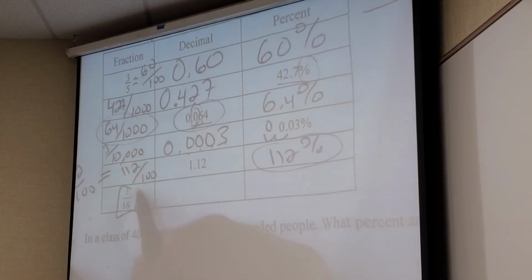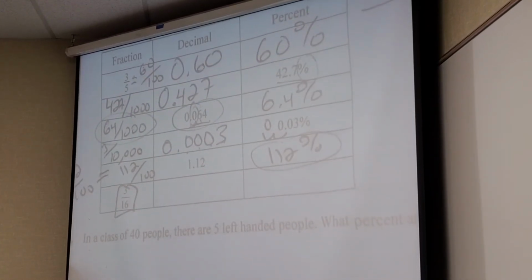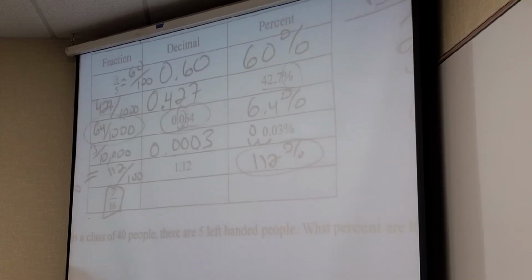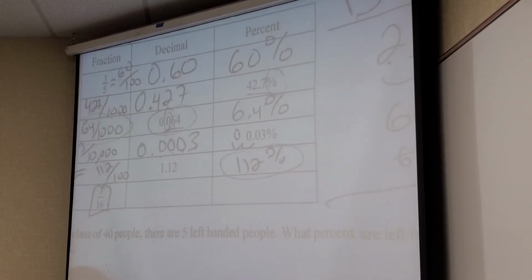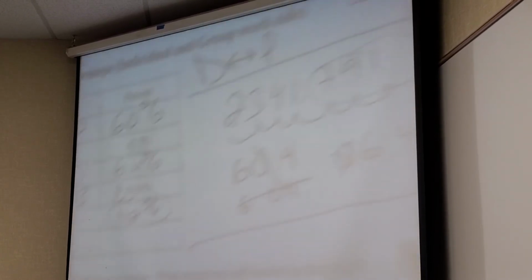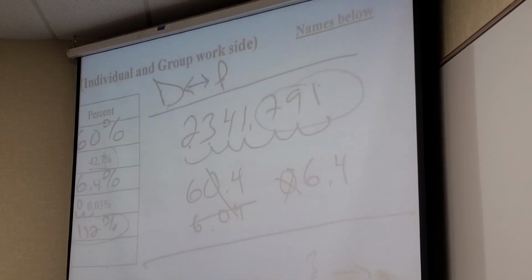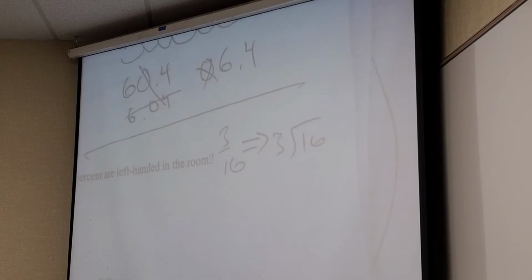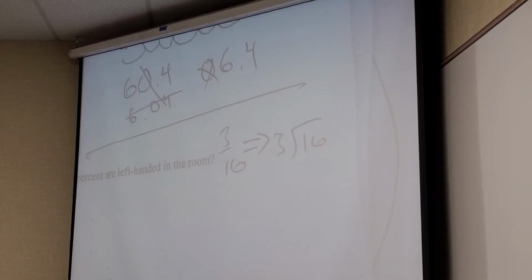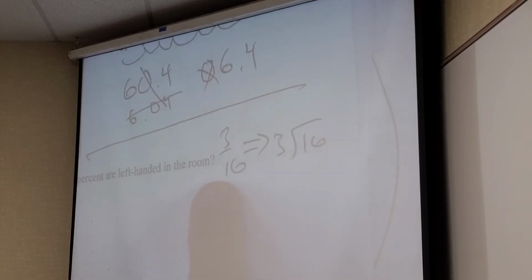There are a few different ways to do this problem. The most direct way to do it, now please, I've noticed this a lot. People will take this problem and write it like this. What is wrong with that? This would be 16 over 3, which is exactly not what that says, right?